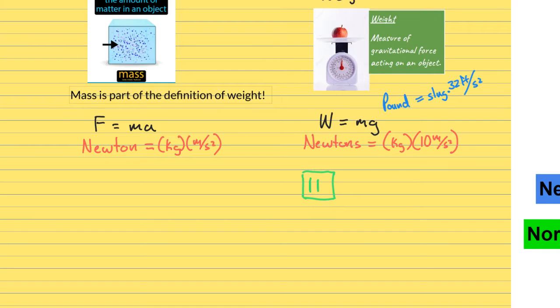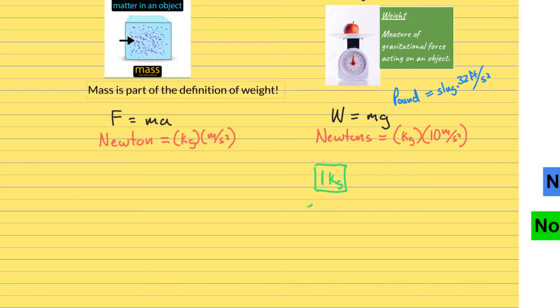I'm going to say that's a 1 kilogram mass. And here on Earth, that mass is going to have a weight equal to 10 newtons, right? Because the weight is going to be 1 kilogram times the acceleration of gravity, which is 10 meters per second squared. And so that's going to come out to 10 newtons.